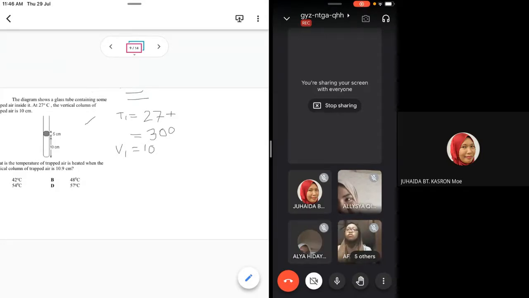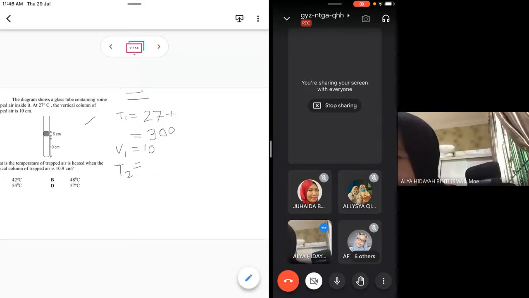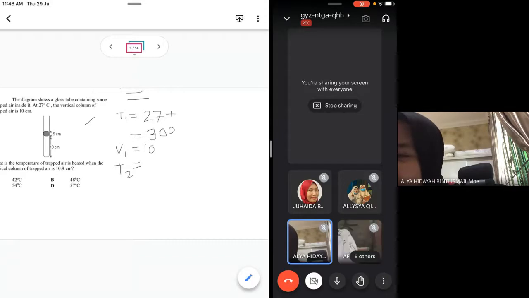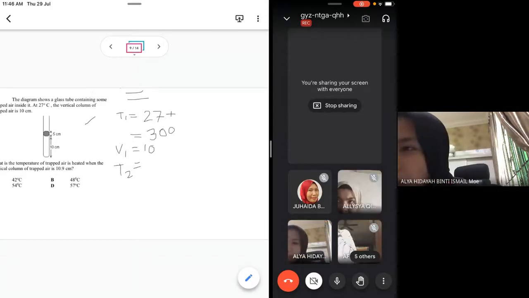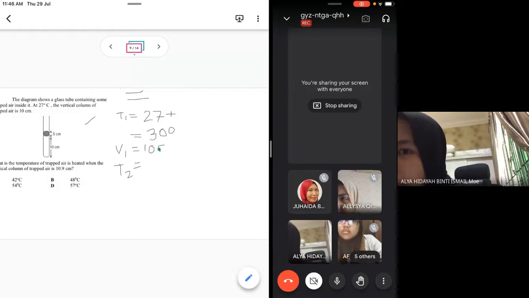The V1 is 10A, right? Because 10 is the height. For the volume, we need to times the area. Do you get it? Capital A. Don't use small a.